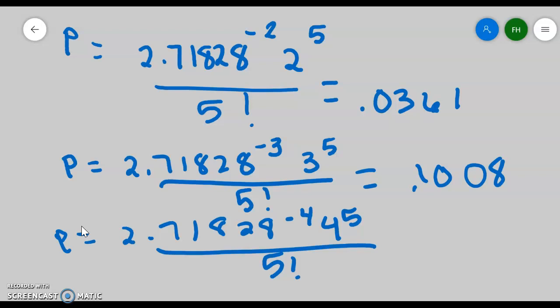Divide it by 5 factorial, and I got, let me check that one again, 4 to the 5th divided by 120 is, I got 0.1563.